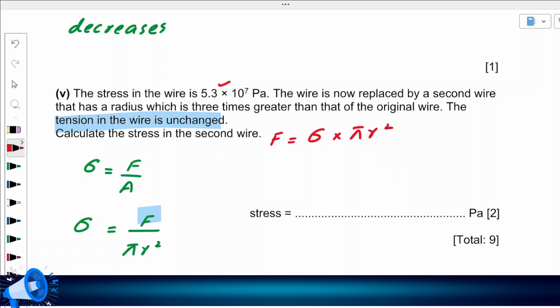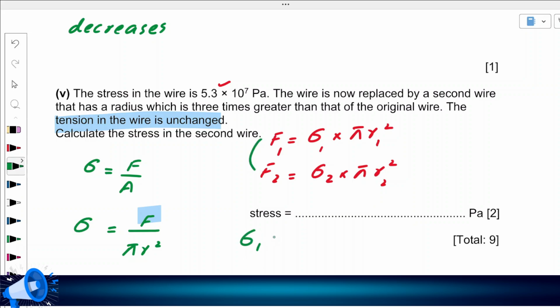All right, force remains same. So this is for the first wire. All of it is for the first wire, and for the second wire you'll have the same expression, but just with different subscripts. Anything which is same for both of them can be removed. Now since force is same, I can compare these two equations.